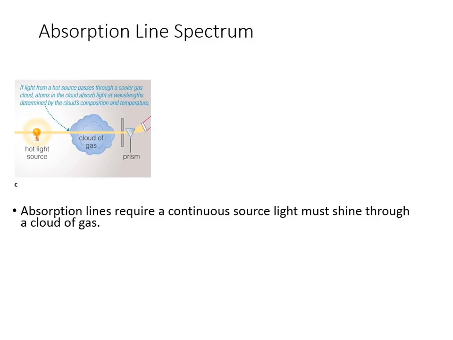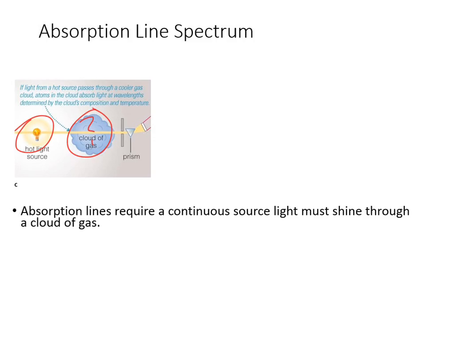So here is an absorption line spectrum. And here, what you need is your cloud of interest, the thing that I'll put a little question mark here. Okay, this is the thing that you want to know the chemical composition of. What you need is some sort of light source behind the thing that you want to understand. So you have the light source, the thing you want to understand, and us.